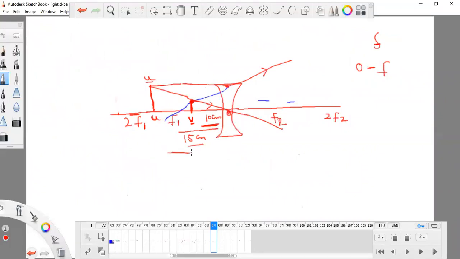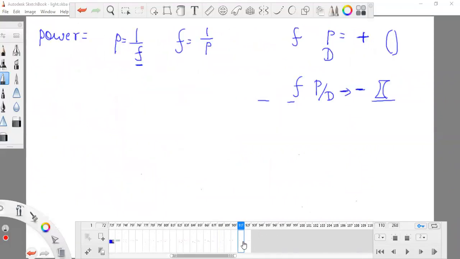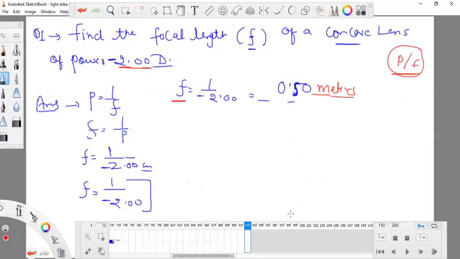So whatever power is given to you, the answer for the focal length will be in meters. Remember this. Now if you want to change this meter into centimeter, then it will be 50 centimeter.